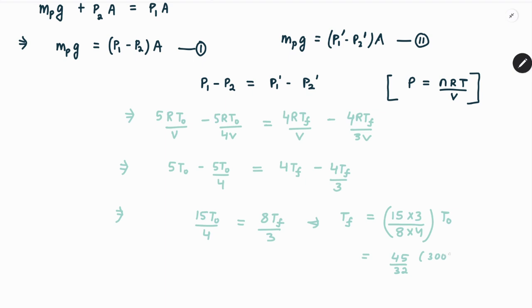This is the final temperature that we will attain, and on solving we get a value equal to 421 Kelvin. This is the final answer for problem number 2.6.